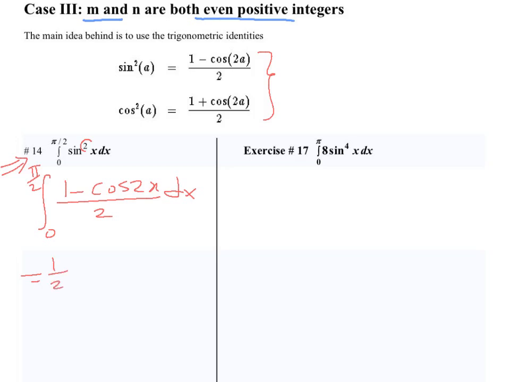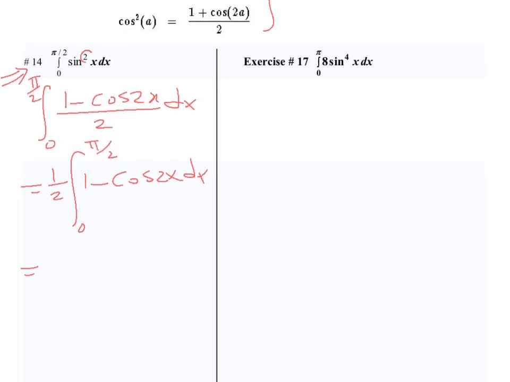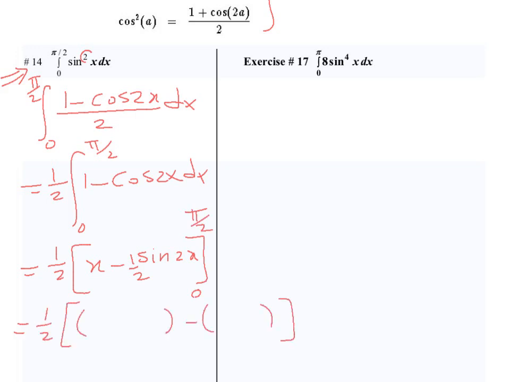You can bring the half out, so you have the integration of 1 minus cosine 2x dx from 0 to pi over 2, which can be integrated simply as x minus sine 2x divided by 2 from 0 to pi over 2. Now replace: this becomes pi over 2 minus sine pi, 2 times pi over 2, which is 0, and then 0 minus sine 0, which is 0.